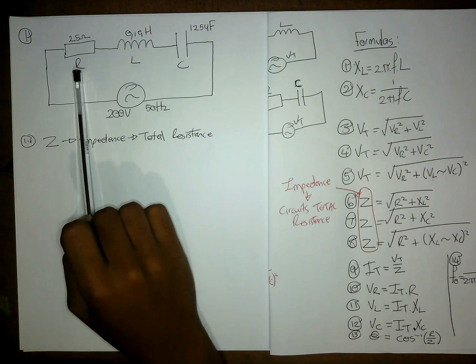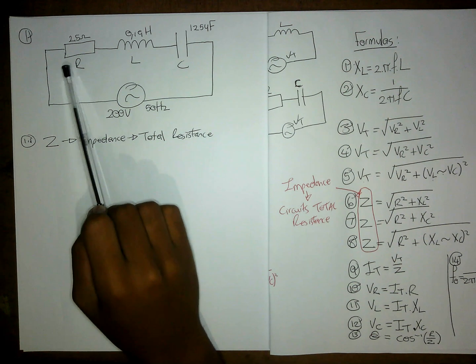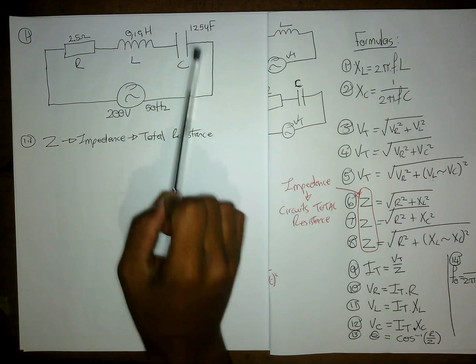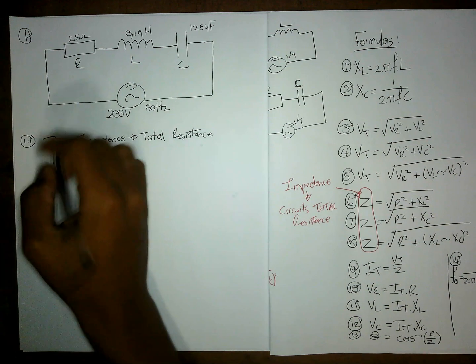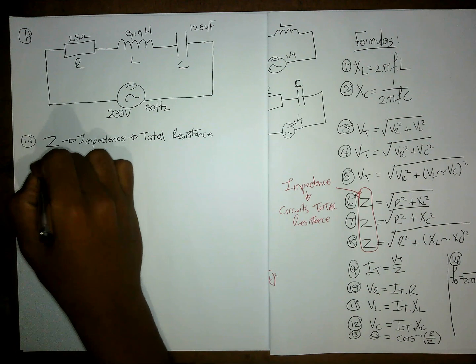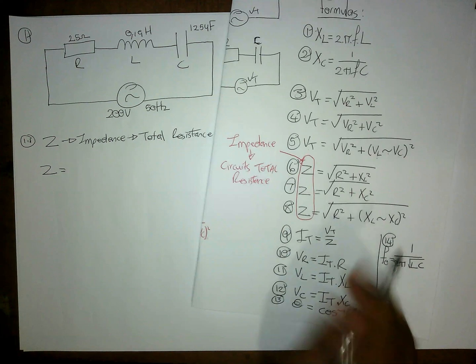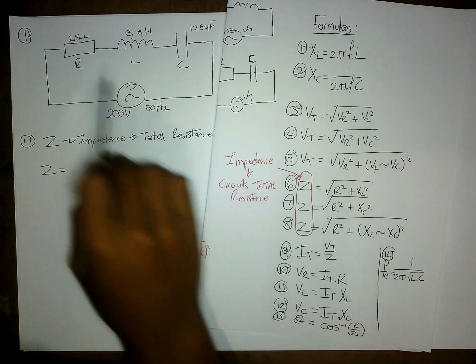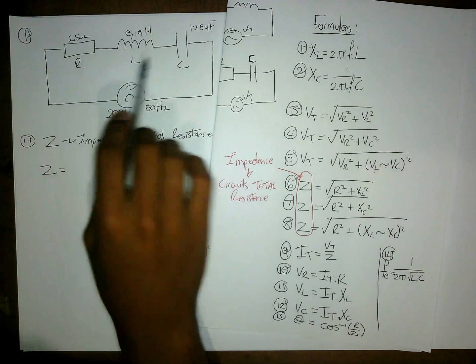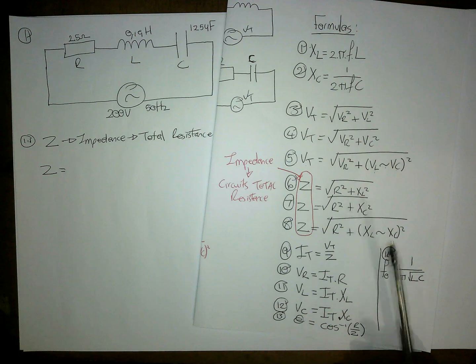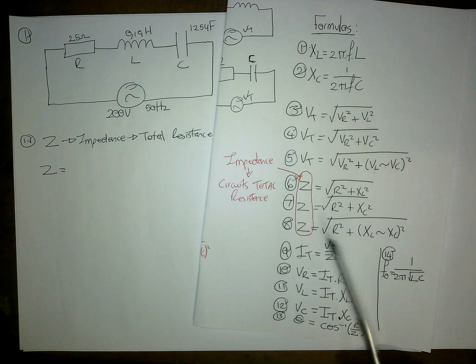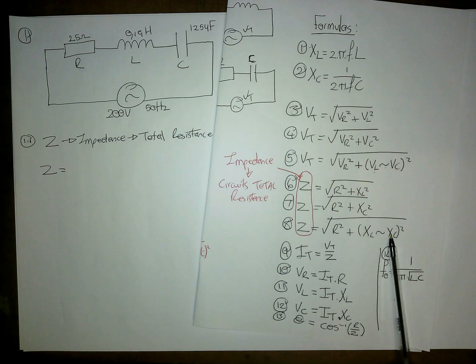We have R, but we need these two now. Because we have R, L, and C, we use the formula for impedance that has R, L, and C, so it's only number 8 that we're going to use.